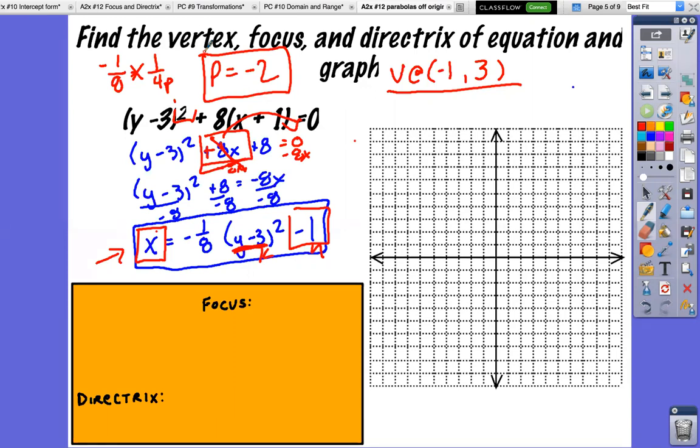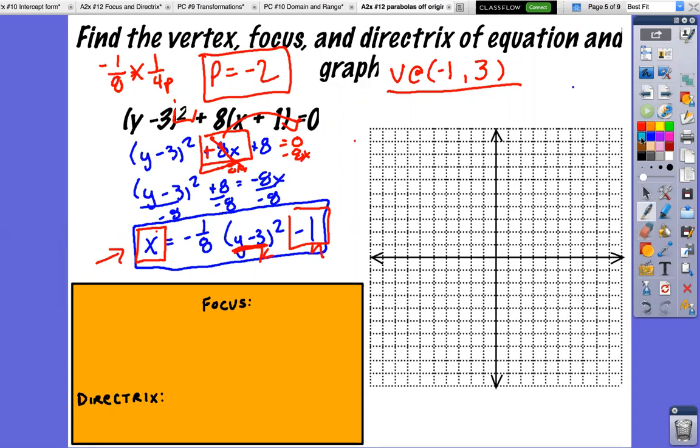Now, this very well may be easier to graph this first and see what it should look like. So if that's what you need or want to do, there's nothing wrong with that at all. But I also want you to understand what the value of p is. So p is -2. So how does it affect this?